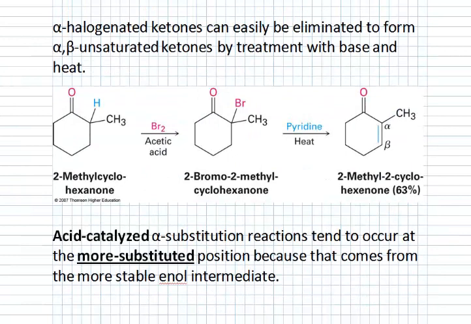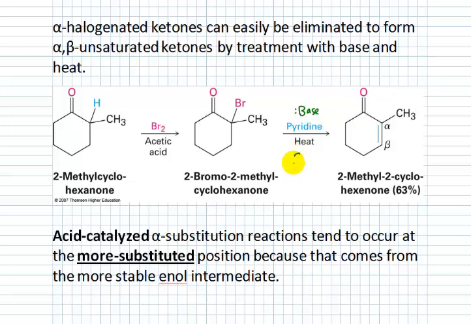Another useful thing about this reaction is that if I have a ketone like this, I can do Br2 in acetic acid. I get an alpha brominated ketone. Then if I react that with some sort of base and heat, I can do an elimination to make an alpha-beta unsaturated ketone.